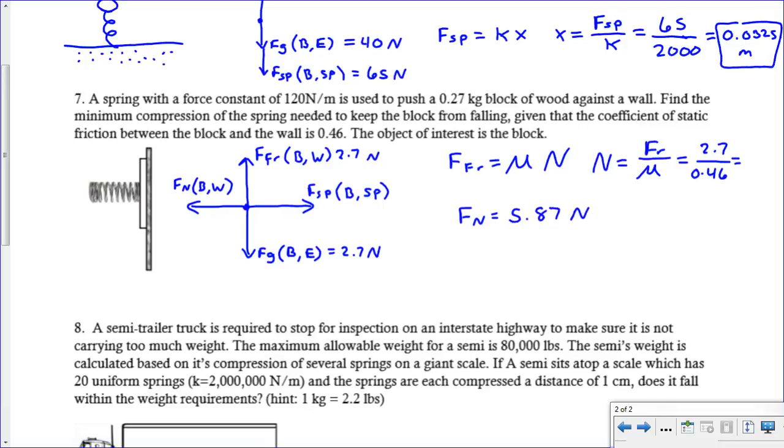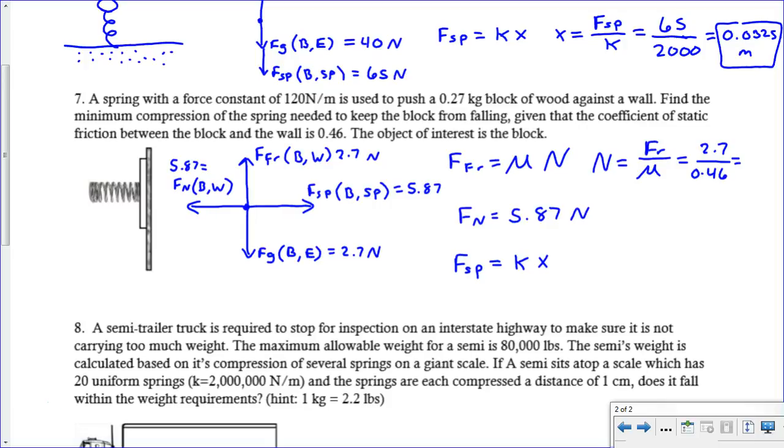All right, if the normal force equals 5.87, then the spring force has to also equal 5.87. And then it's asking how far the spring needs to be compressed. So the force of the spring equals kx. On this one, we know that the k for the spring is 120 newtons per meter, and we know the force on the spring is 5.87.